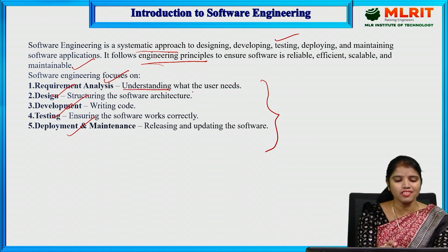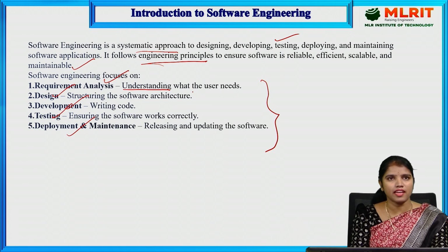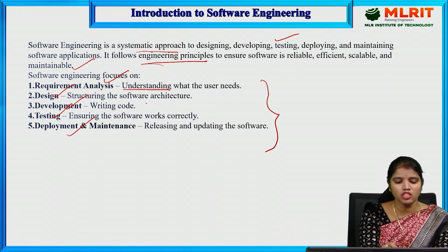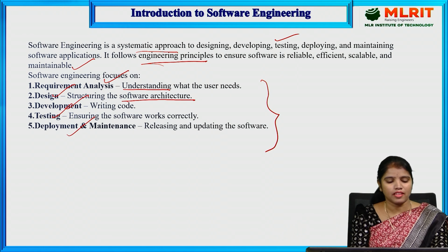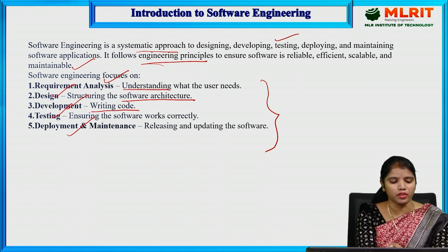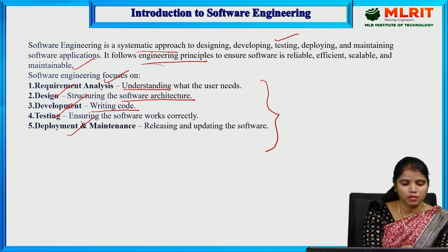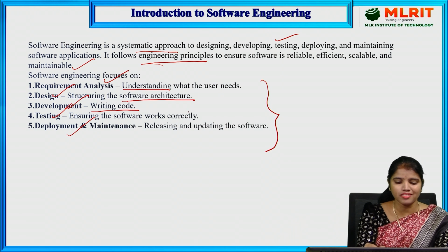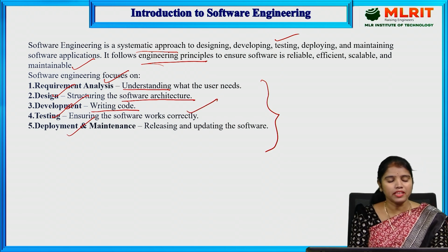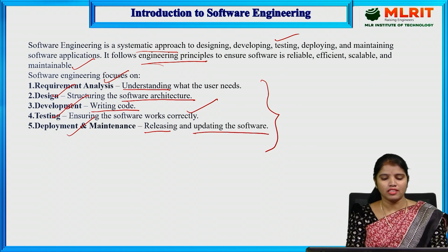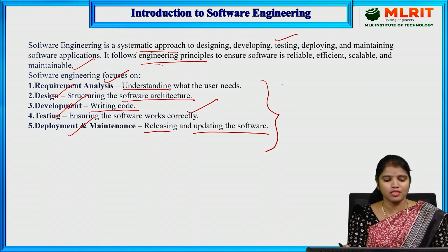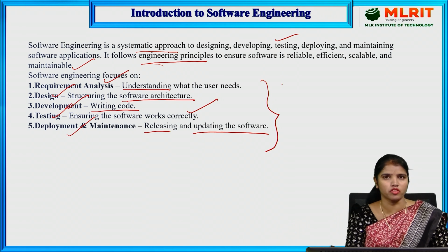Designing is structuring the software architecture. Development is writing code. Testing is ensuring the software works correctly. Deployment and maintenance is releasing as well as updating the software. These are the 5 criteria software engineering mainly focuses on.